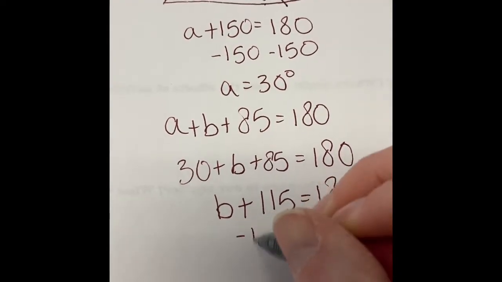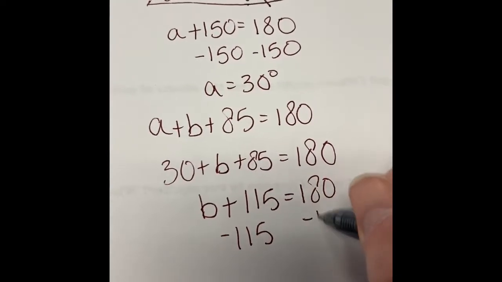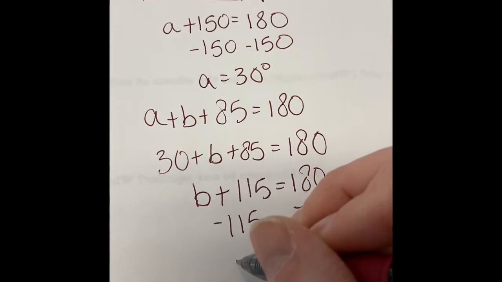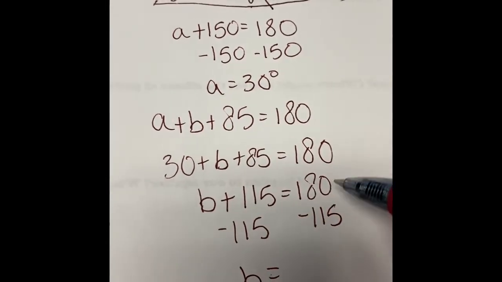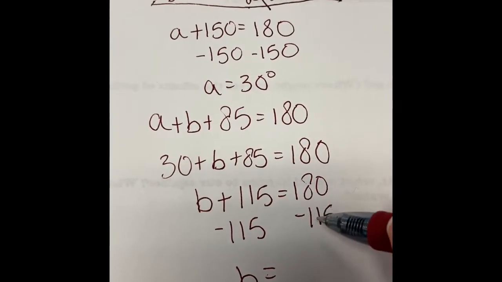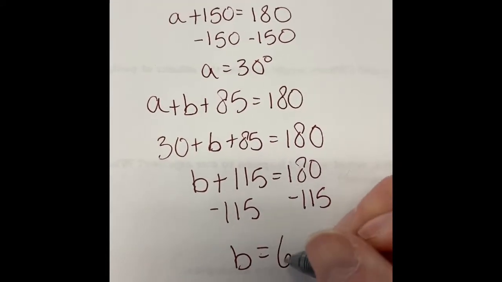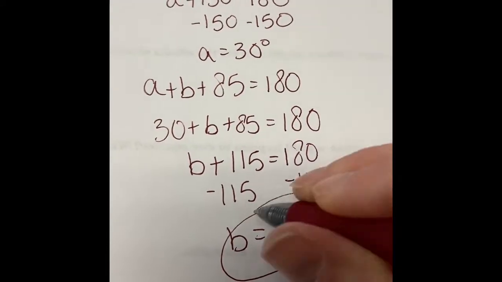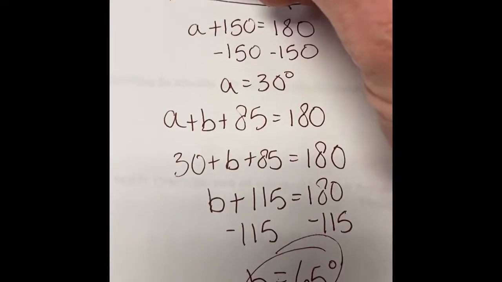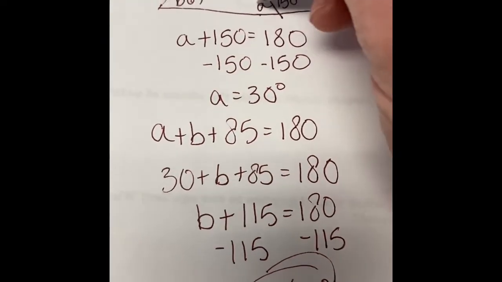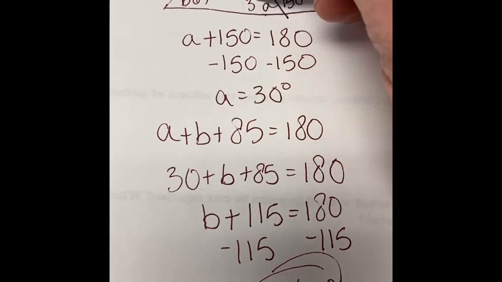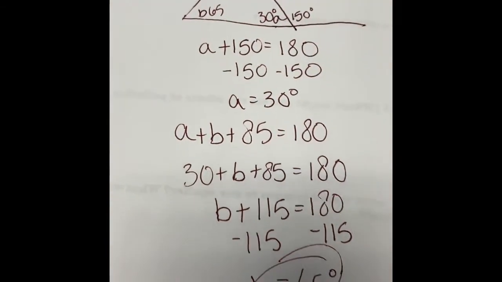We minus 115 from both sides, and B equals, let's see, 180 minus 110 is 70, minus another 5 is 65 degrees. It's a process, but we got it, right? We got that this is 65 and this one was 30 degrees.